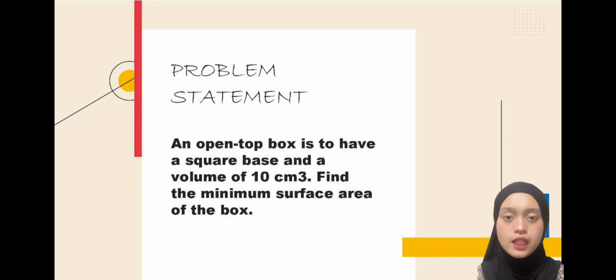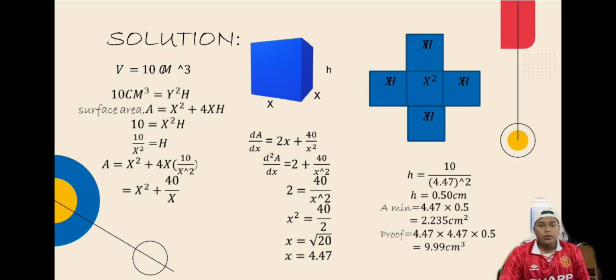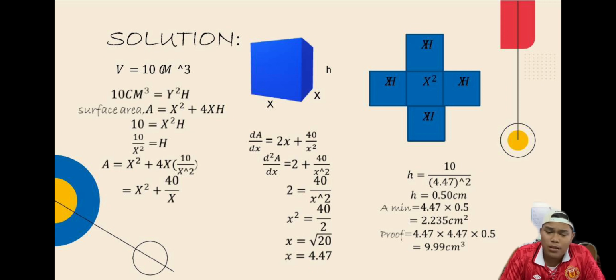So, the problem statement is: an open top box has a square base and a volume of 10 cm cubed. We need to find the minimum surface area of the box. So guys, now I'm going to find the solution for how to find the minimum surface area of the box.